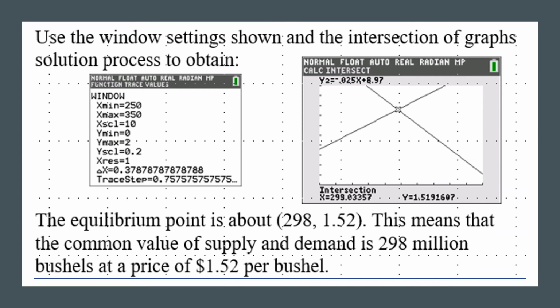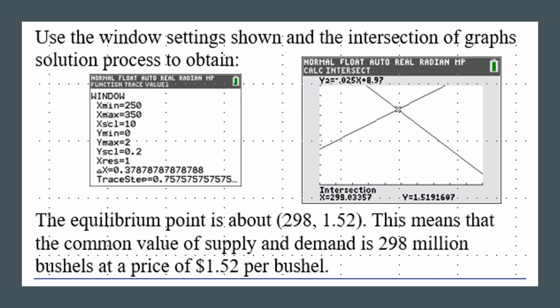So in a graphing calculator, when you enter those values, you may not see the point of intersection because the calculator has to be adjusted for the window. So when you change your window settings, as shown in this diagram, you may find the point of intersection of the two equations, y1 and y2, to be 299.98 point something, comma 1.519.